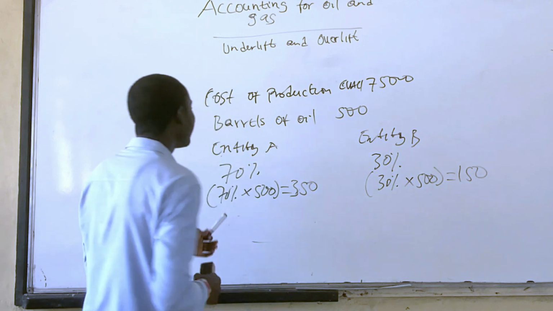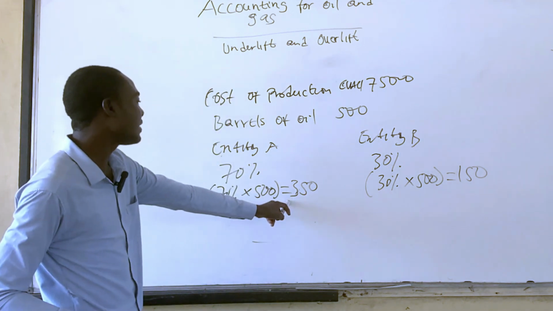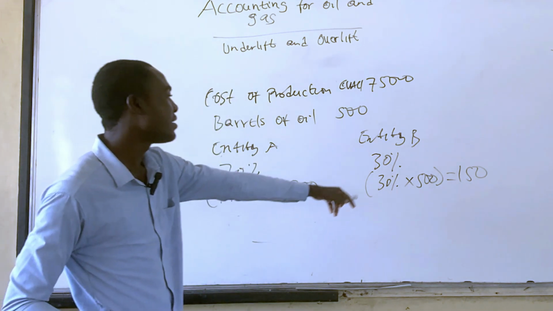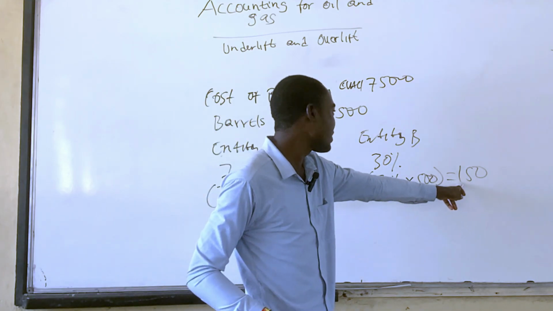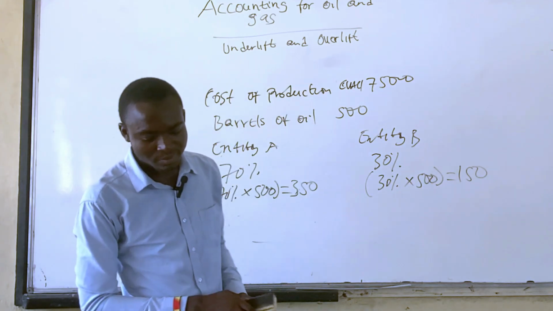So it means entity A is supposed to take 350 barrels of oil, and entity B is supposed to take 150 barrels of oil.